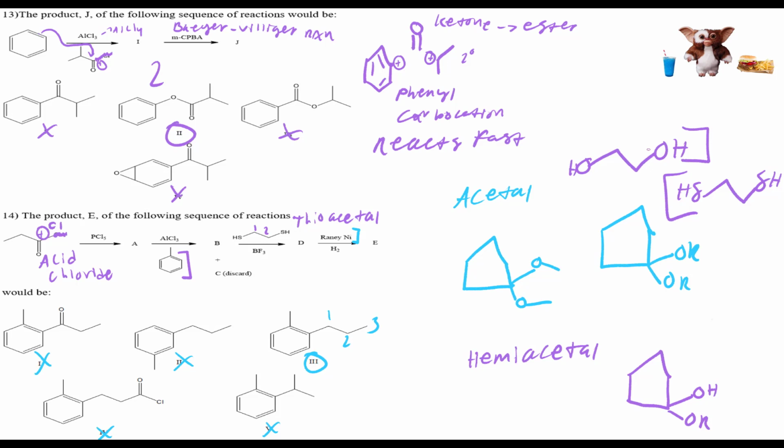So if you're trying to do a reaction that has a Grignard, but you want to protect your ketone, you can make it into an acetal by adding a 1,2-diol, and that's going to protect it, and then you can add your Grignard. So that's something you can do.